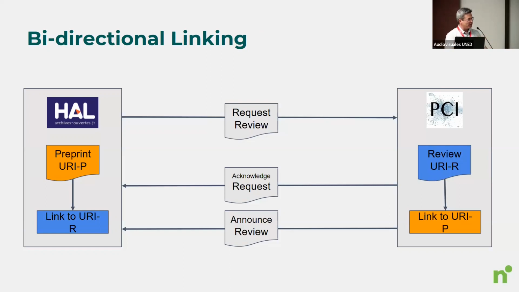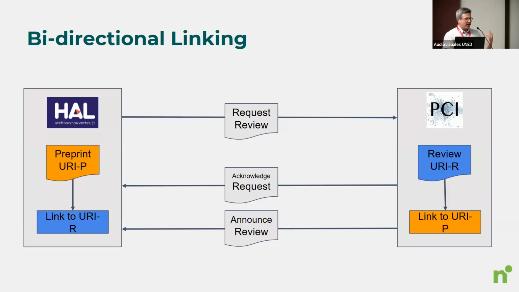We can create a bidirectional link. And bidirectional, of course, also because PCI can, again, tell the very same story, saying I have conducted a peer review that I am hosting, it's available at URI R, and it refers to the PDF manuscript, let's say, hosted at HAL over there at URI P, right?